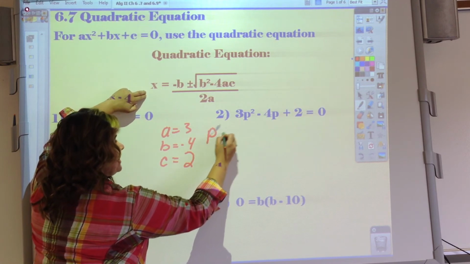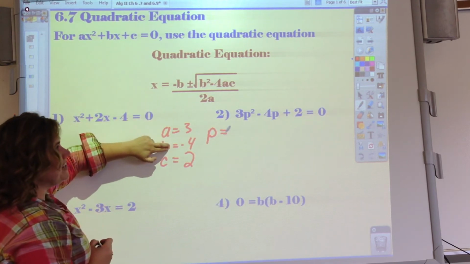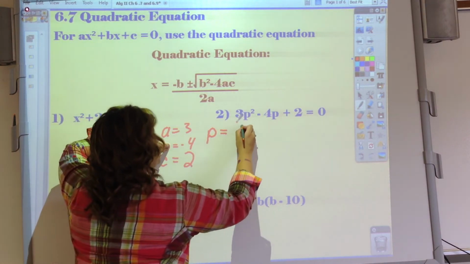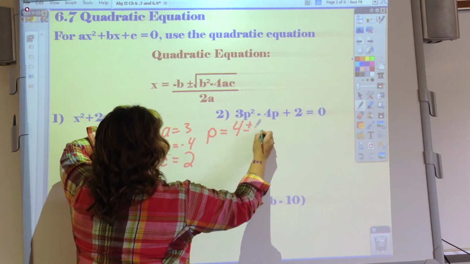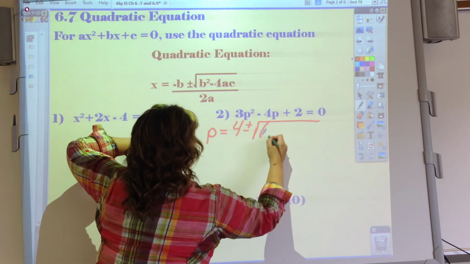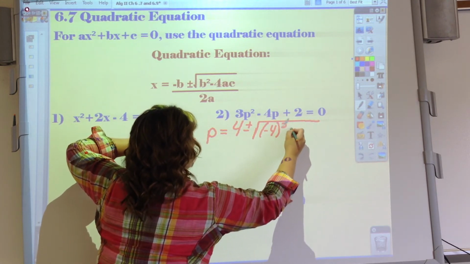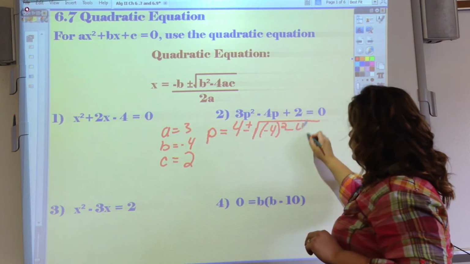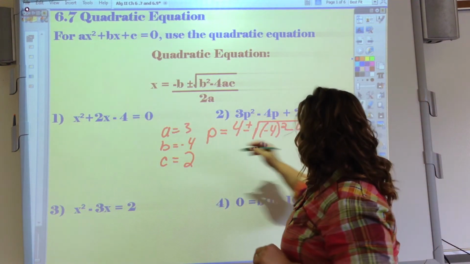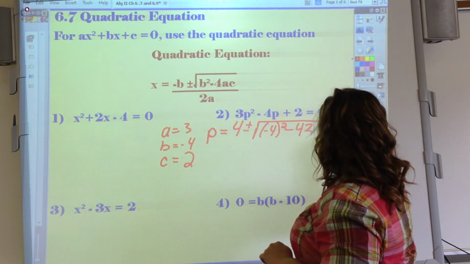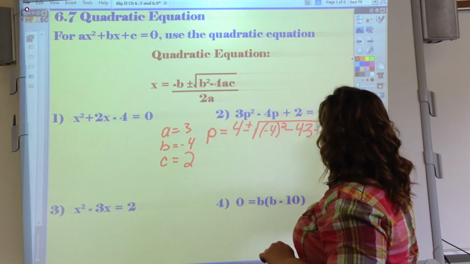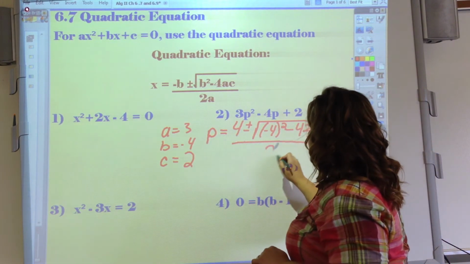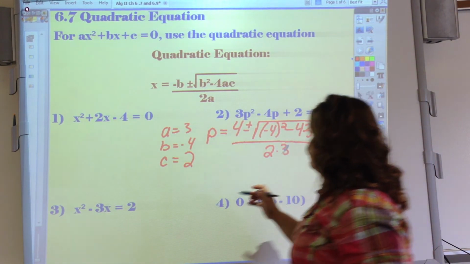And I get P equals negative B, which is -4 in our case, which is +4, plus or minus, my B squared is going to be -4 squared, minus 4 times A, which is 3, times C, which is 2, all divided by 2 times 3.